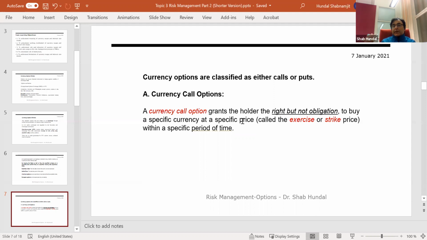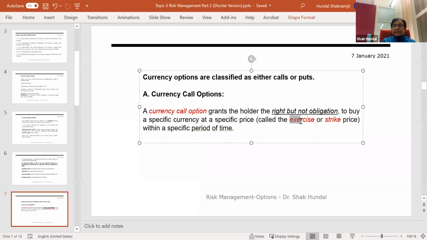All right, that is called the currency call option. Specified currency, specified rate of exchange, specified amount, and specified expiry period.